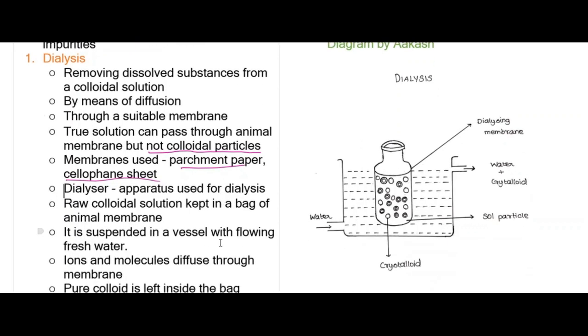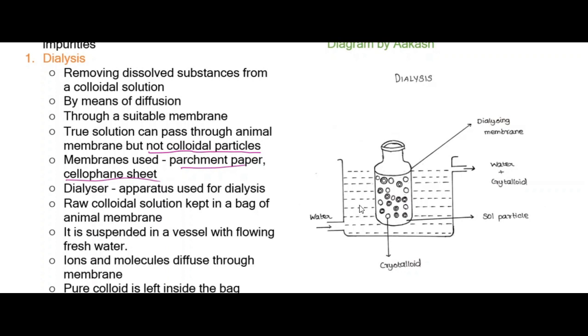Now what we do is we get ready with a bag made up of dialyzing membrane that is kept inside a trough containing flowing water; fresh water is allowed inside. So what happens?